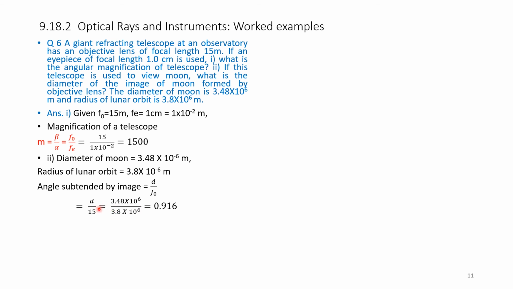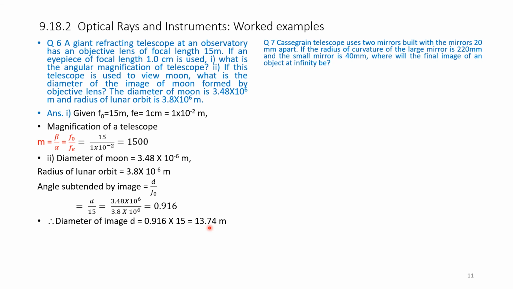So, d by 15 is equal to 3.48 into 10 to the power of 6 divided by 3.8 into 10 to the power of 6. This value is 0.916. Therefore, d is equal to 0.916 into 15, that is 13.74 meters.